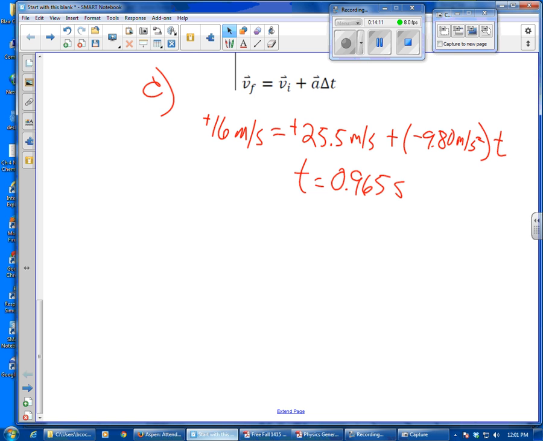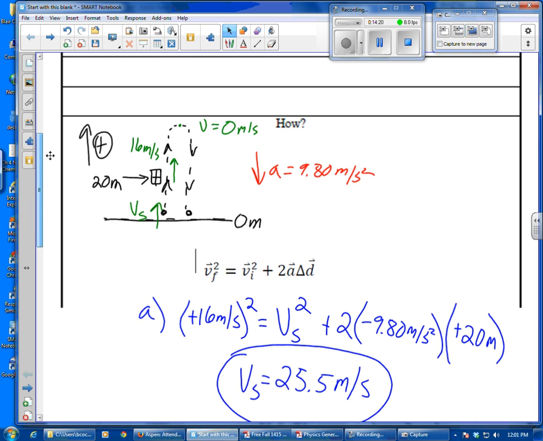Let's look at this last part. In the last part, I want to know, after how many more seconds does it reach the street again? So it's saying from here, how long does it take to go up and then come back down to here? What do I know about when it gets back to the street? It's back at a position of 0. Good.